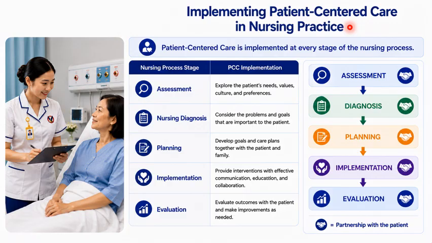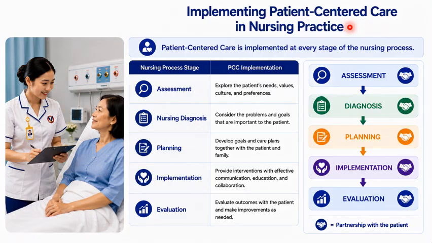The second one, after we do the assessment, is the nursing diagnosis. This is not merely based on objective data; it can also take the patient's personal experiences into account. For instance, two patients with the same medical diagnosis may have different priority concerns.